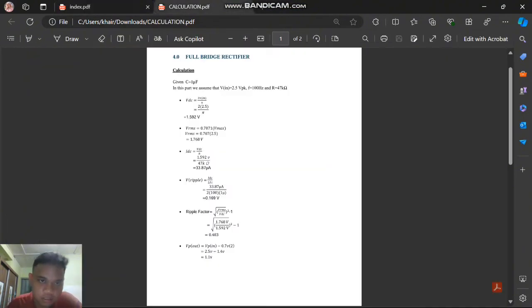For the calculation, the given capacitor is 1 microfarad. In this part, we assume Vin is 2.5 Vp, frequency 100 Hz, and the resistor value is 40k ohms.